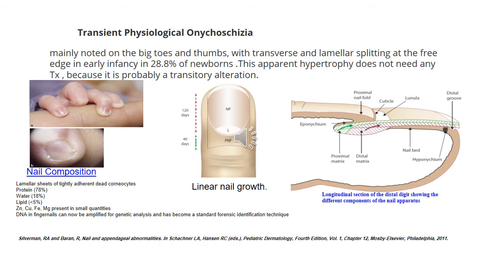Here in this area, this is the matrix area, the green and the orange or rose color. This is the distal and the proximal matrix of the nail.